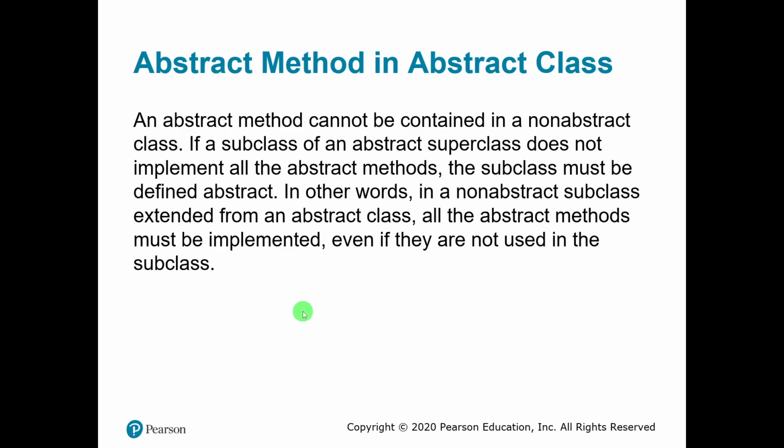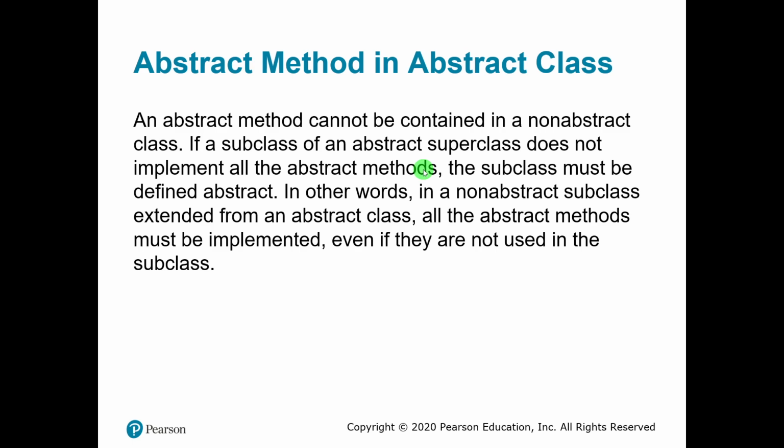All right. So things to understand. An abstract method cannot be contained in a non-abstract class. So the minute you try to do an abstract method, your class has to be abstract as well. But the subclass of an abstract superclass doesn't implement all of its methods.